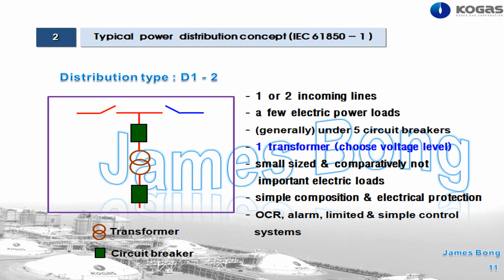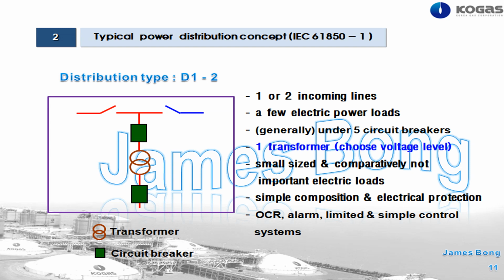Distribution type D1-2. This is a little more complicated than D1-1. The difference with D1-1 is this has 2 incoming lines and 1 transformer. So if the plant wants a different voltage level from the primary incoming, this system is suitable.